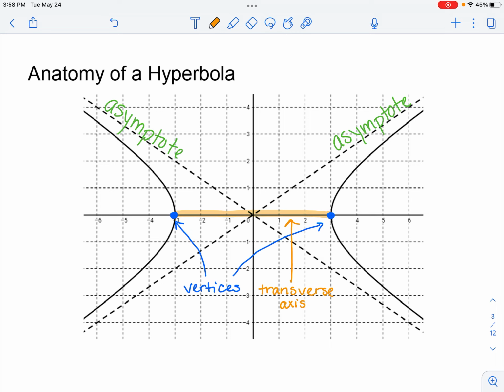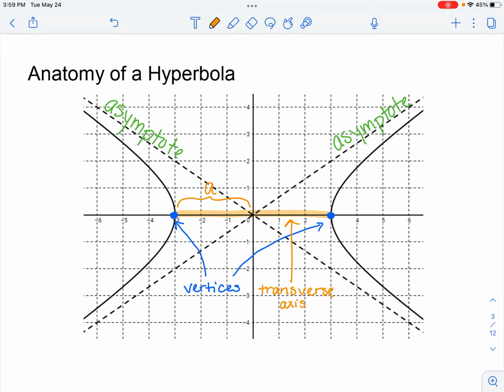But here we have a transverse axis. It connects the two vertices together. All right, the distance from the center over to one of the vertices is A. All right, so that distance is A, and that would go in the other way as well. So the transverse axis is 2A units long.